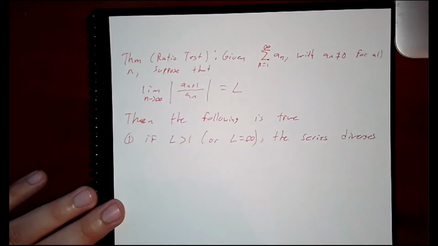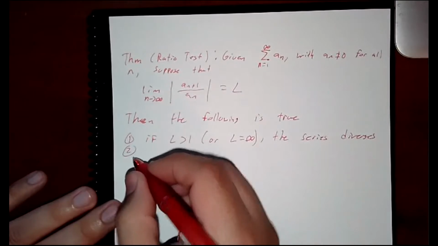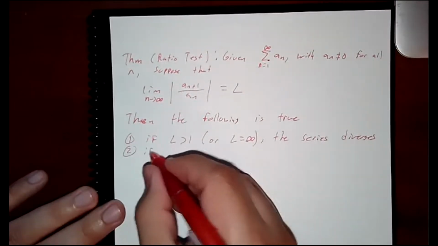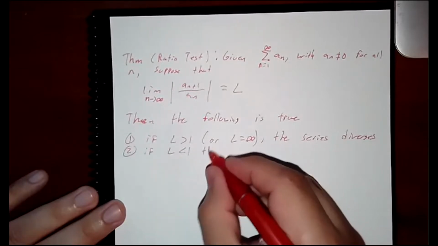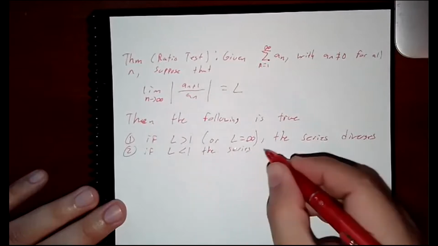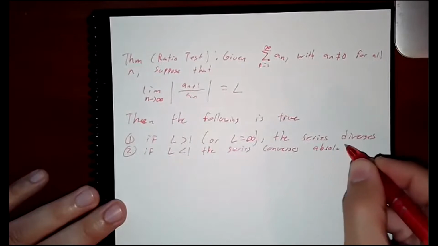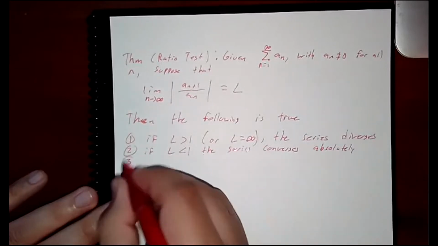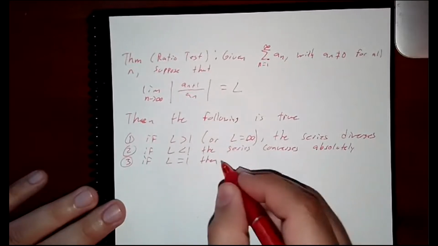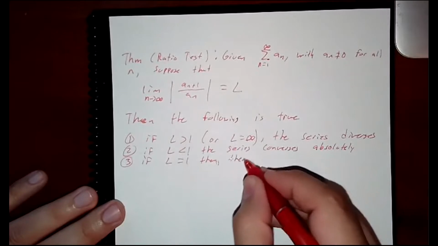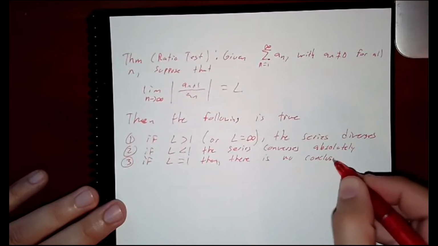Number 2, if L is less than 1, the series converges absolutely. Number 3, if L equals 1, then there is no conclusion, you know nothing. Got to do something else.